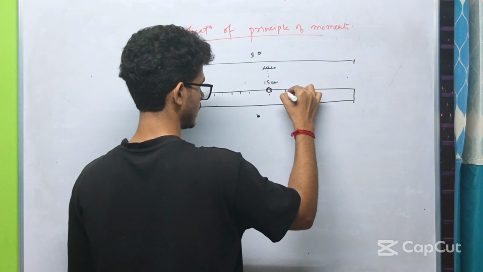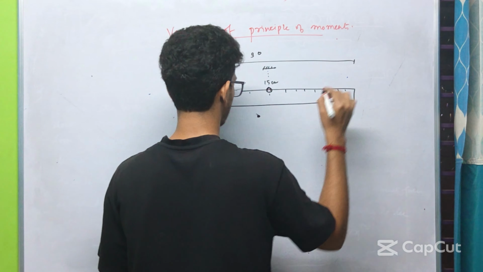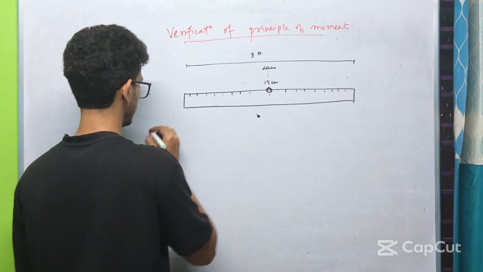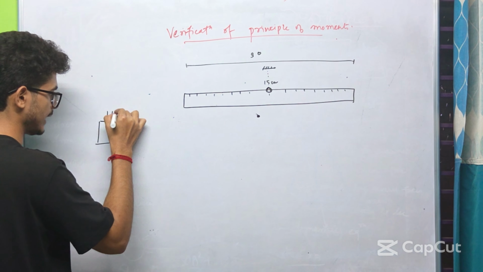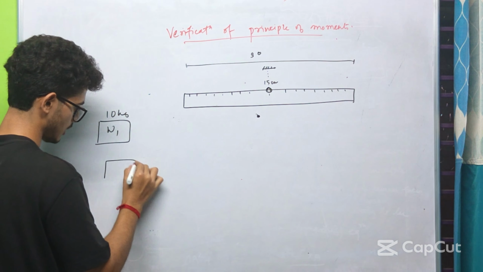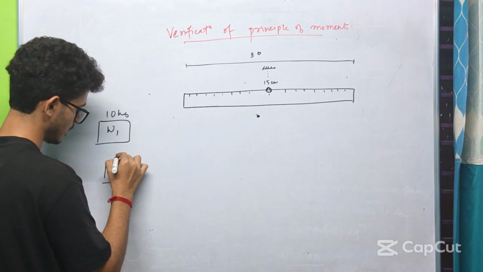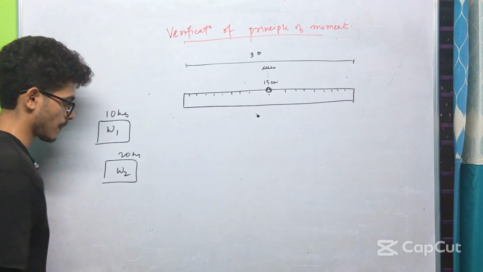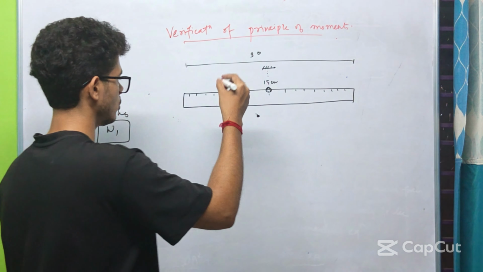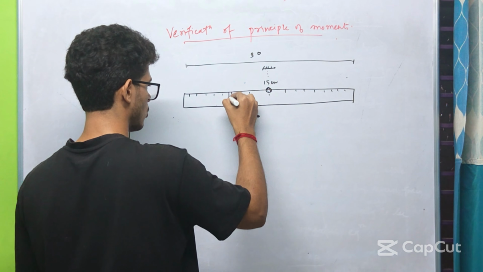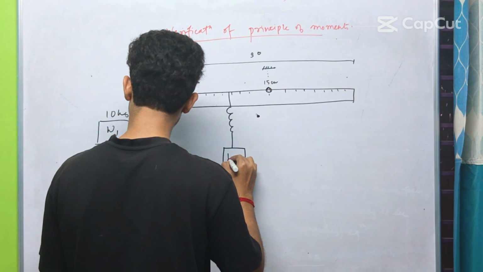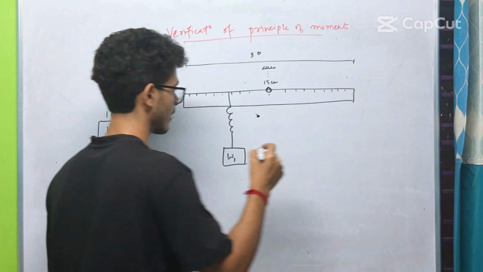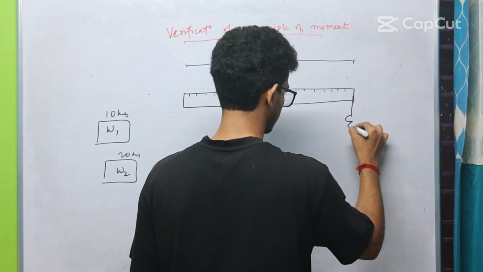Let's say this is the scale, and let's say we have two weights, W1 being 10 kg, suppose, and W2 being 20 kgs. Okay, so now you hang one of the weights here, let's say W1, and W2 here.